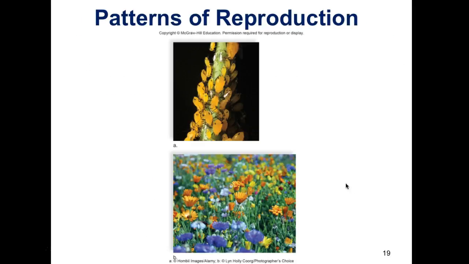So here you can see the examples of each. On figure A, those are aphids that would reproduce. They have that one reproductive chance. And down in B, you have a field of wildflowers.